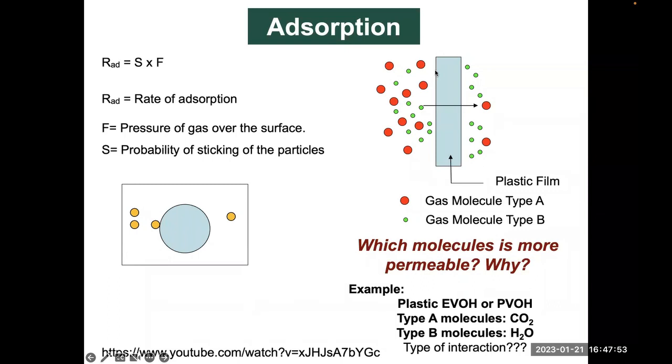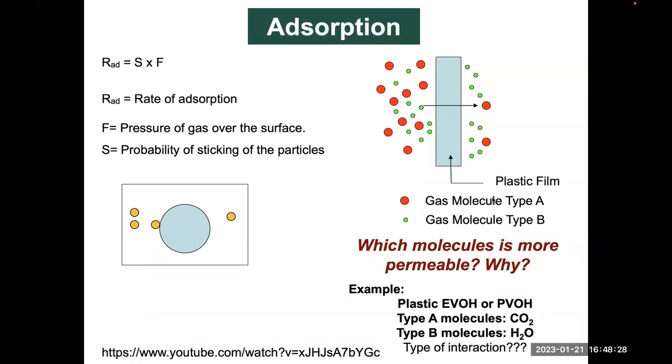And then after it is adsorbed, it will diffuse through the polymer chain and it will go to the other side. But if it's not liking this plastic, then it will not move as quickly. For example, consider you have a polar plastic here like EVOH and PVOH. EVOH or PVOH, polyvinyl alcohol or ethylene vinyl alcohol, they are water sensitive, right?